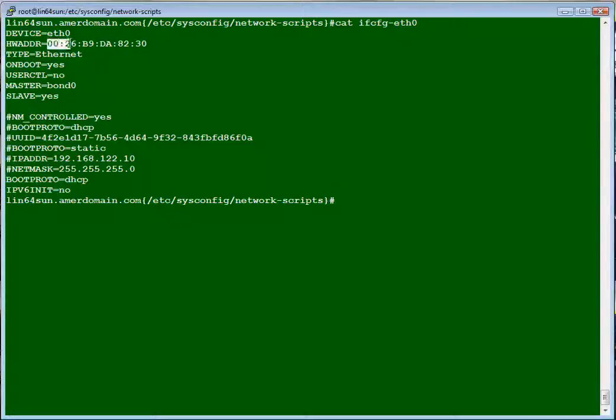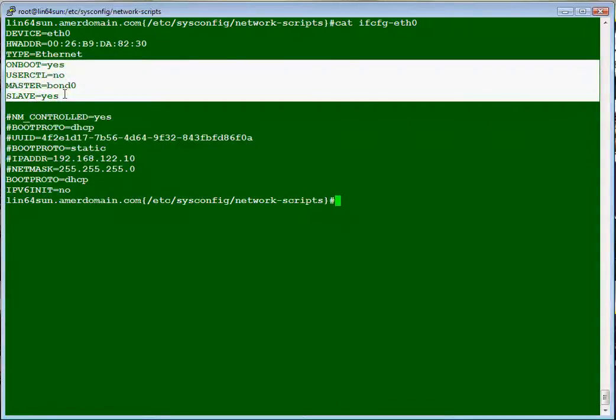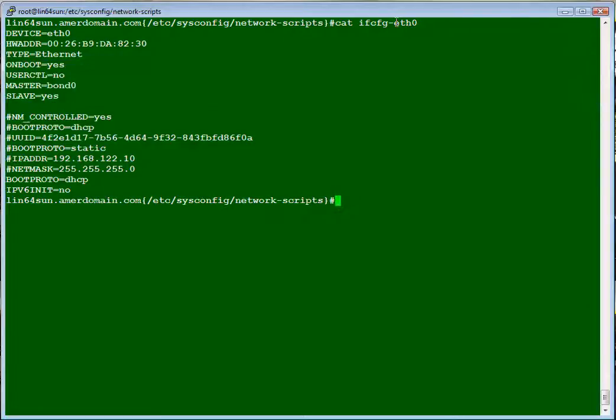So this is the hardware address we were talking about, and these are the four entries we have to mention if you are configuring the bonding. You can see that the contents of the regular physical Ethernet card and the logical bond0 are different.